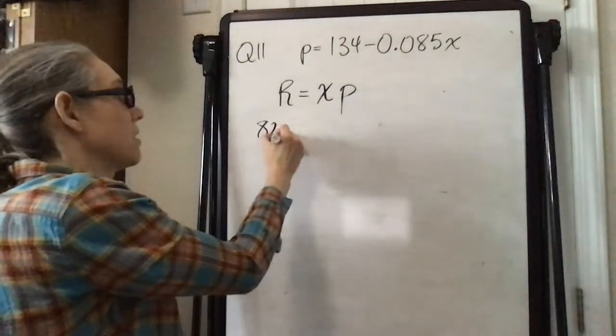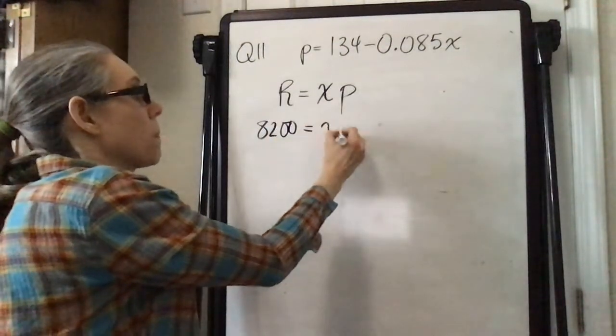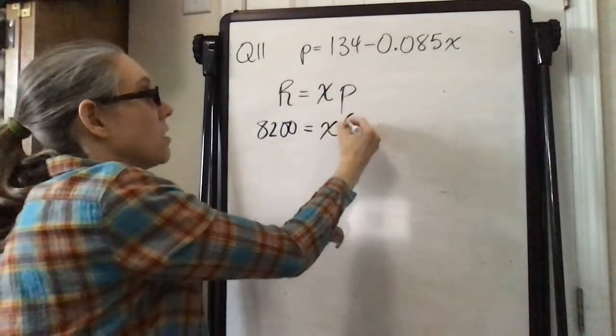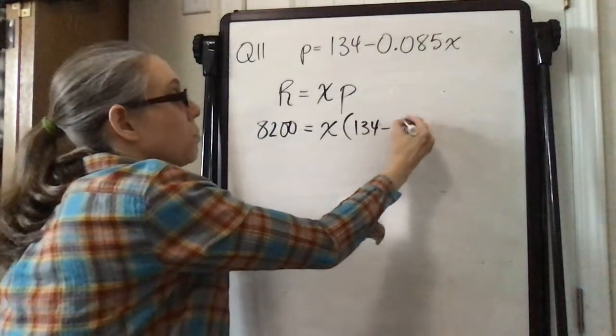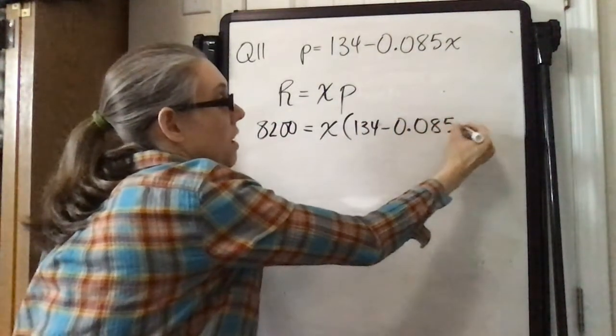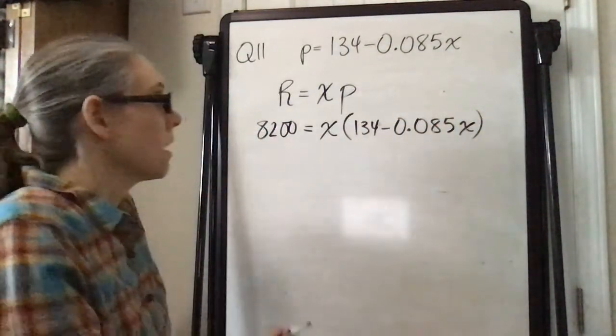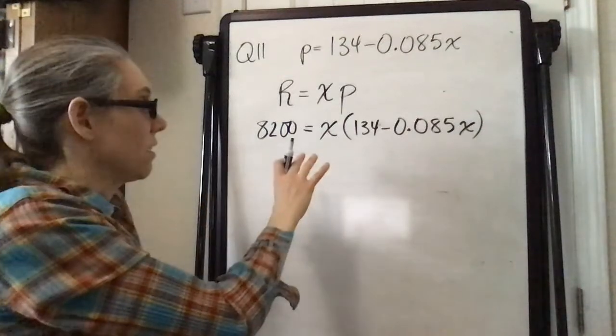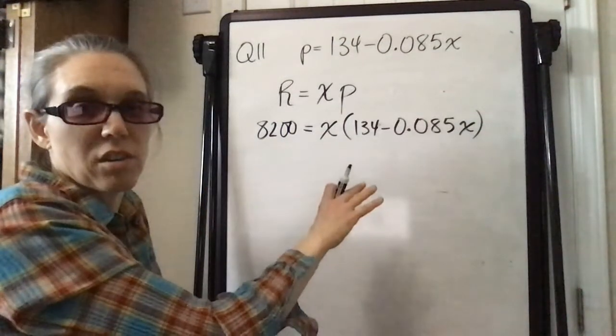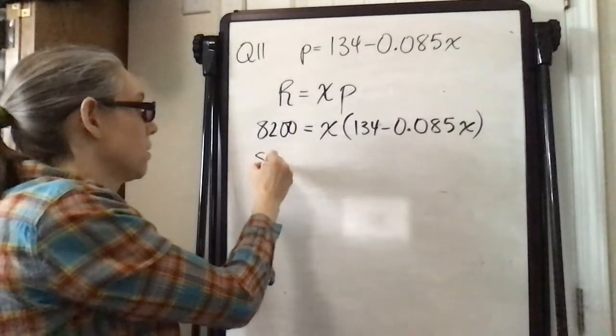So we replace R with 8,200. P we replace with 134 minus 0.085x. And then you want to get this all on one side so that you can use the quadratic formula.